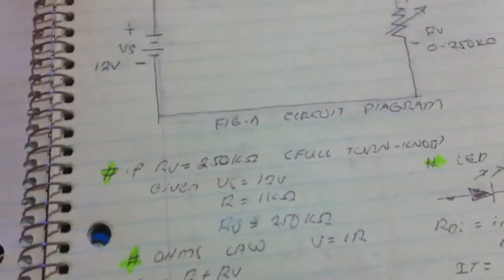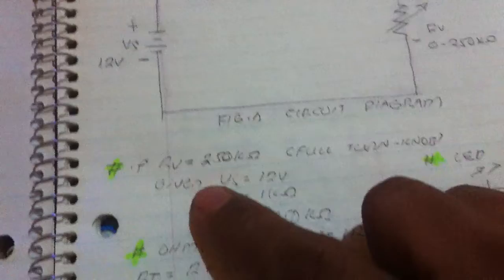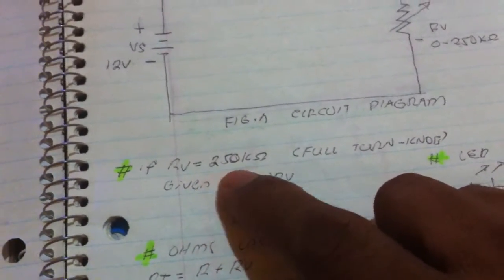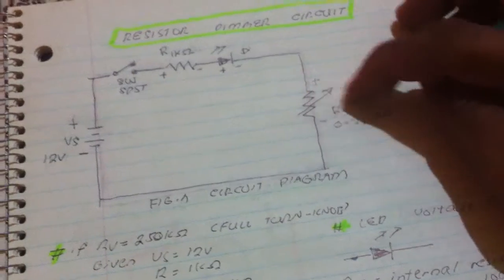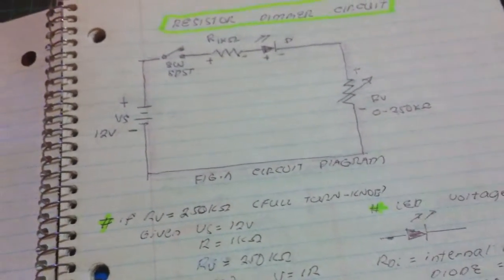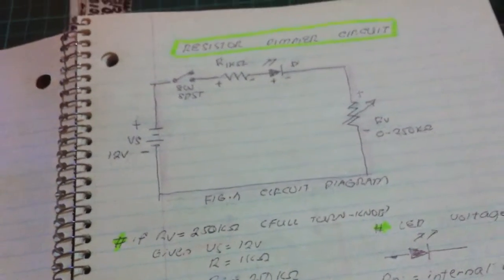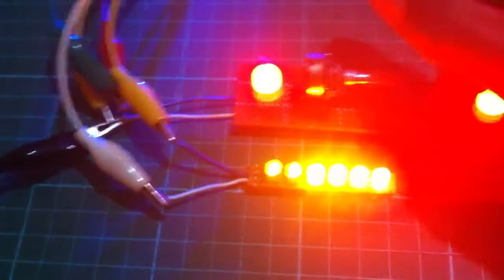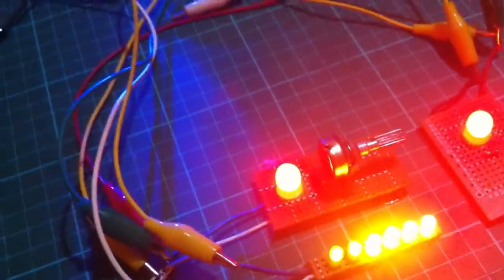Let us have some situation here. If the variable resistance is 250 kilo ohms, it means we're turning the knob to 250 kilo ohms. Change it to 250. By turning it to 250, let us turn it. So this is 0. Where is that?